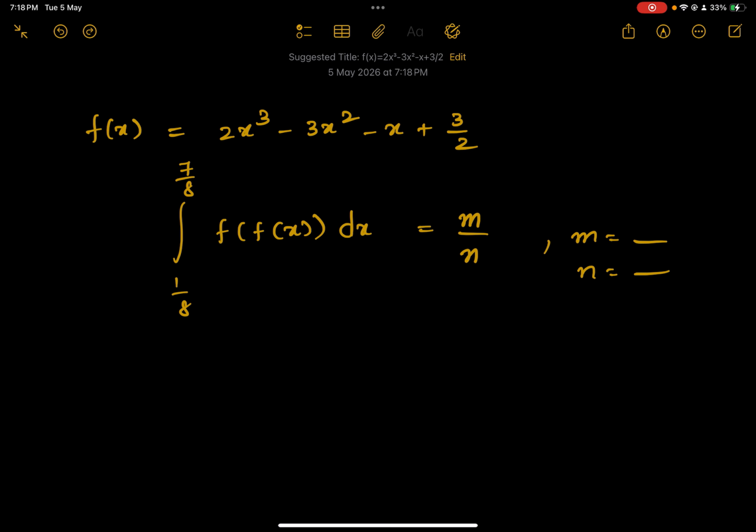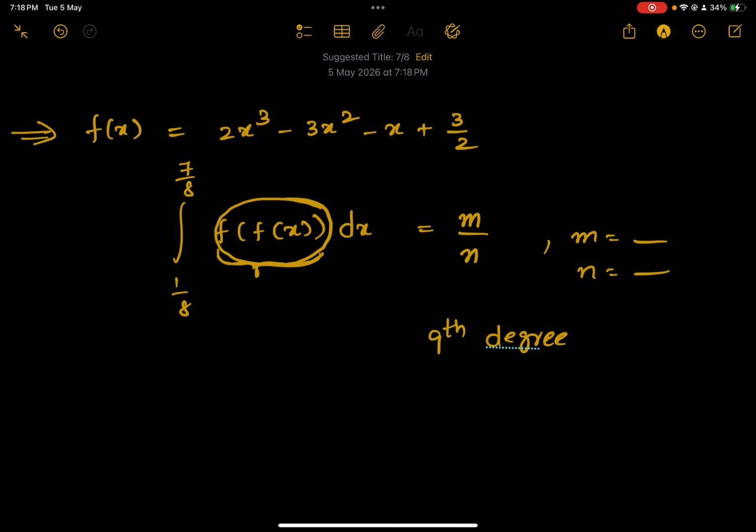a sincere try. Alright, so now you have a polynomial which is a cubic polynomial and you have an integral. In this integral you see f of x. So when you actually calculate what f of x is, you will end up getting a ninth degree polynomial, which doesn't make any sense.